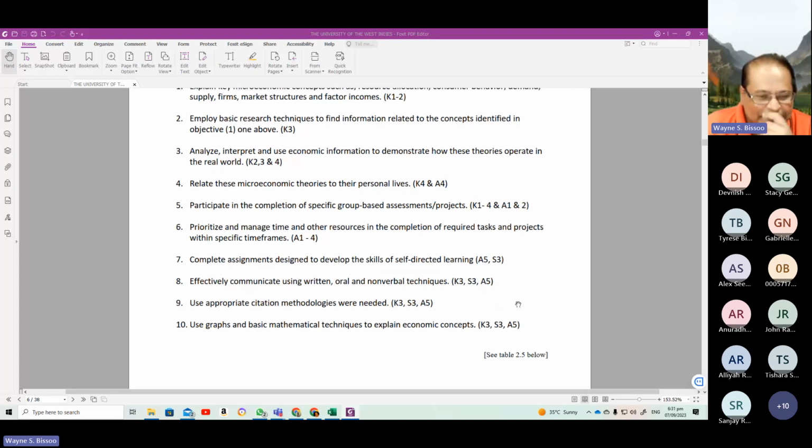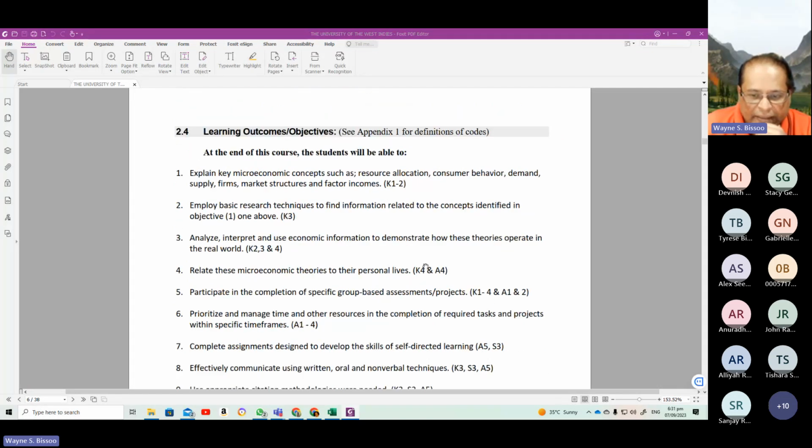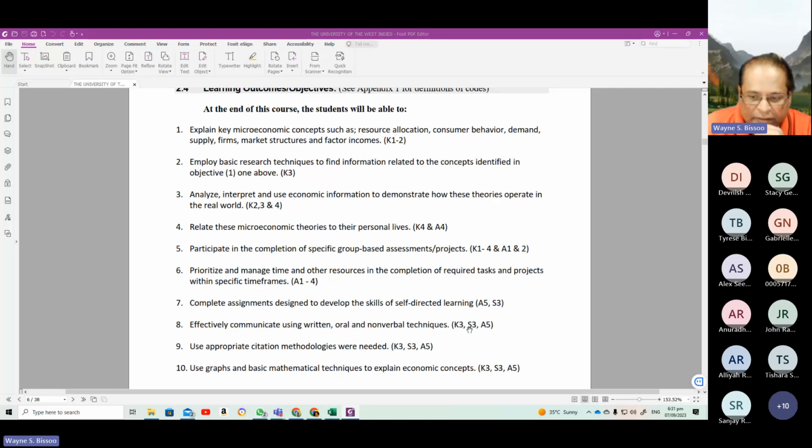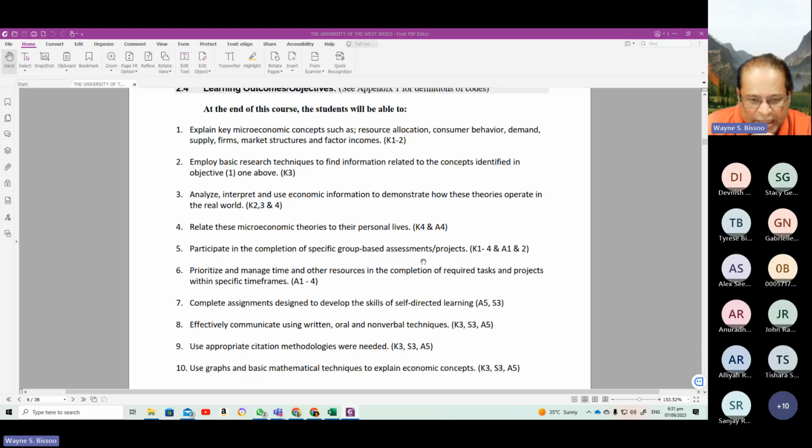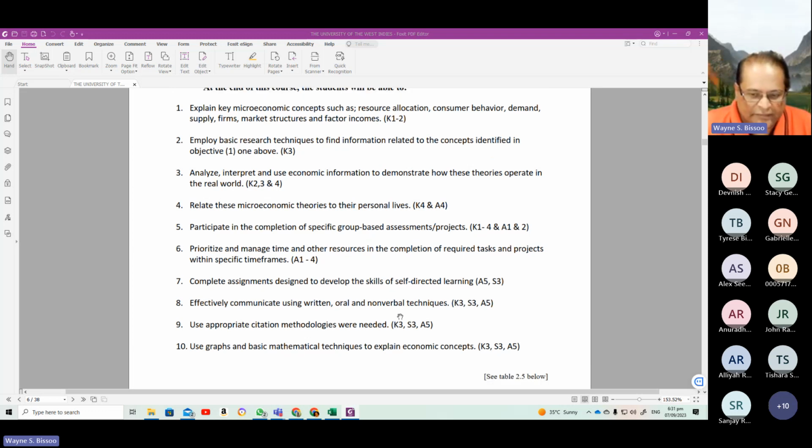All right, thanks. As I was saying before, you'd see K, A, and S are the precursive type of codes that are listed based on the learning outcomes, and you're going to see a lot of K because of the nature of this course. It's going to be a lot of knowledge-based information. A refers to attitudinal or aptitudinal, and S would be skill levels.